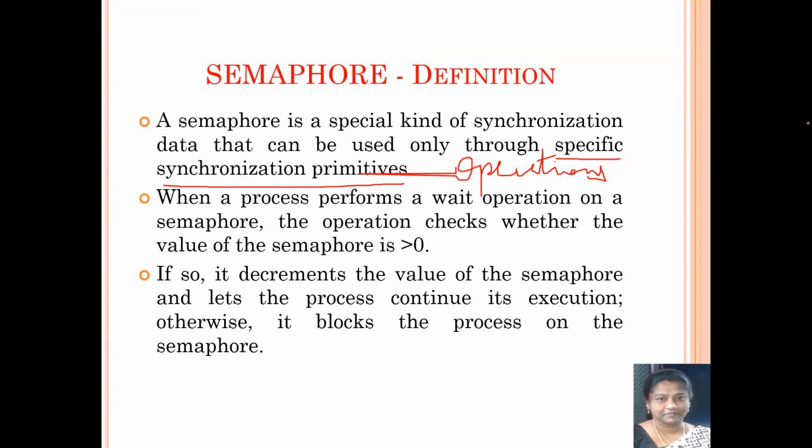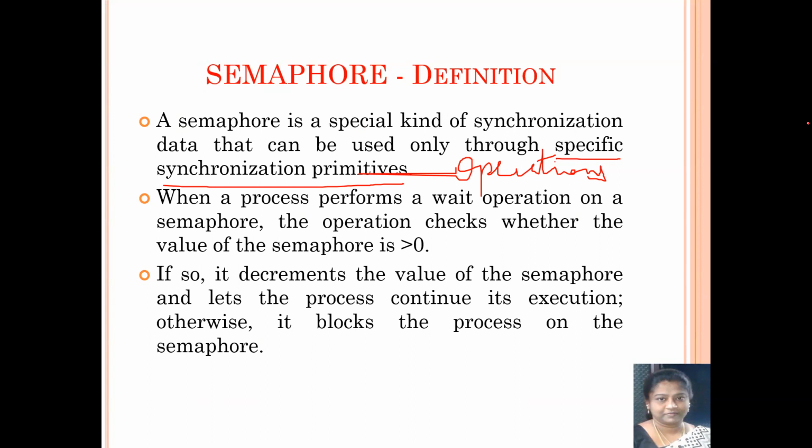See, the semaphore is nothing but an integer variable. Let's say I'm assigning a semaphore value as 1. Now, whenever the wait operation is executed on the semaphore, the value will be checked. It will check whether the semaphore is greater than 0. If it is so, the value of the semaphore will be decremented. That is, S, which was 1, will now become 0. And once it becomes 0, the process will enter the critical section and start executing there.